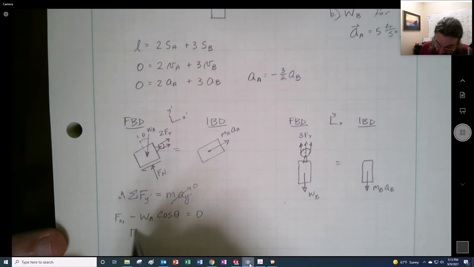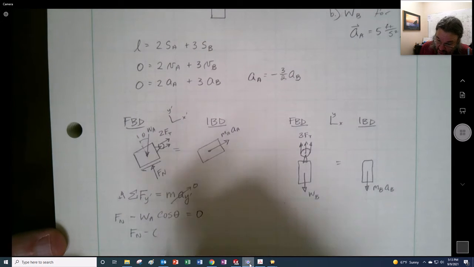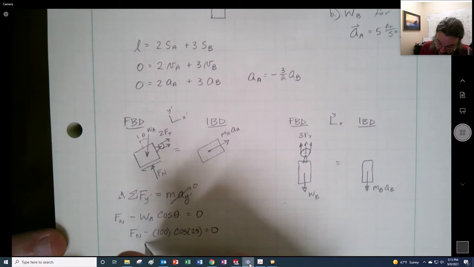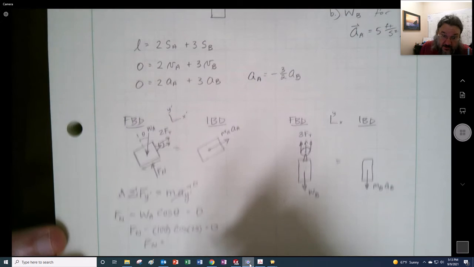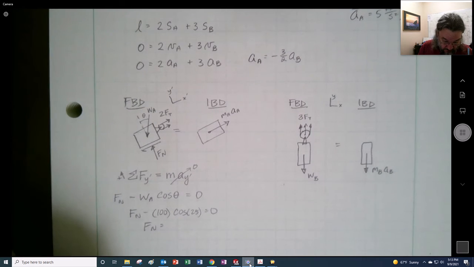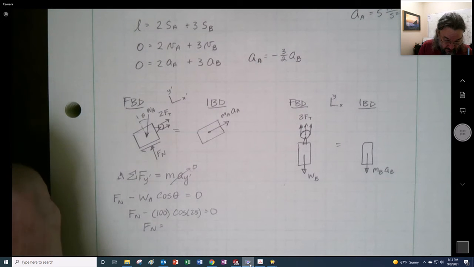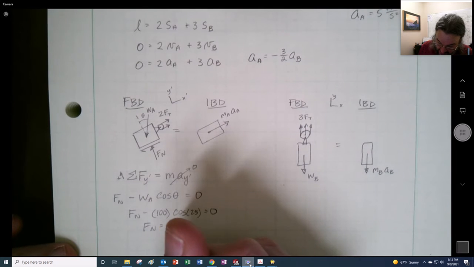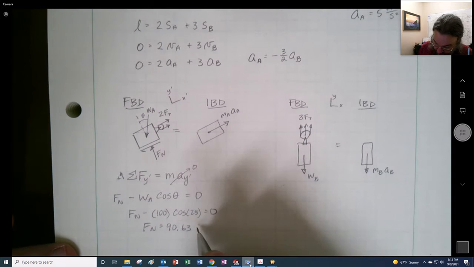So Fn minus 100 times the cosine of 25 equals 0. So Fn is equal to 100 cosine 25, boom, is equal to 90.63 pounds.